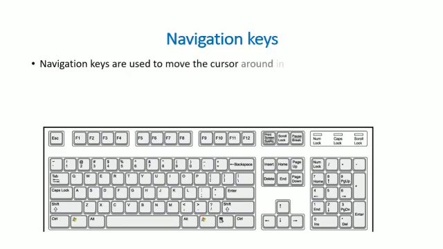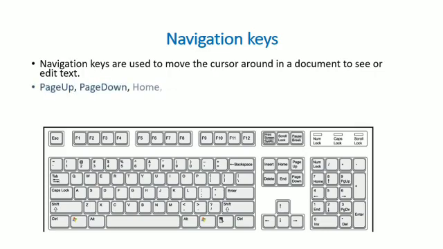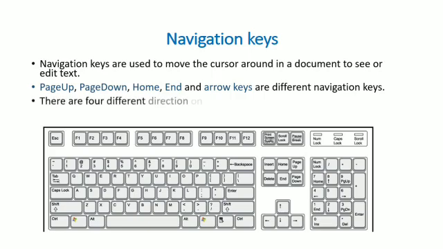Now let's learn about navigation keys. Navigation keys are used to move the cursor around in a document to see or edit text. Page up, page down, home and arrow. They are different navigation keys.